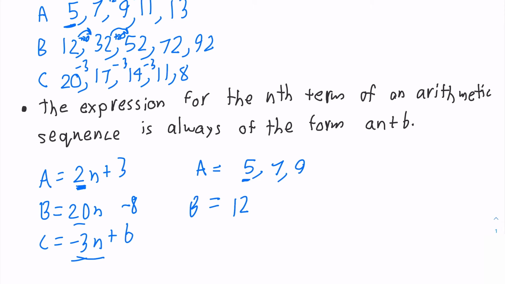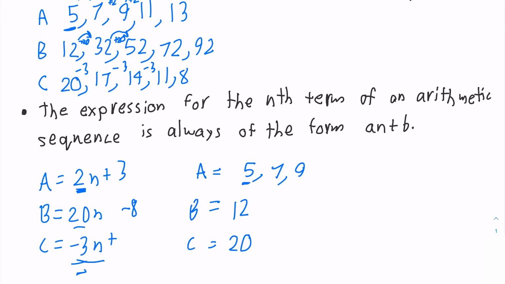What about c? In c, the first term is 20, and here is negative 3. So for b, we need to add 23 to get 20. So it's going to be 23 plus negative 3n.